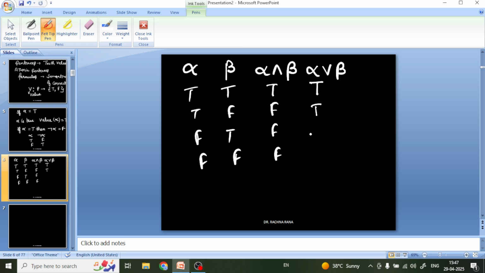True, false, true. False, true, true. False, false, false. If you want to find alpha implies beta, then both true, true; false, true, true; false, false, true; but true, false, false.